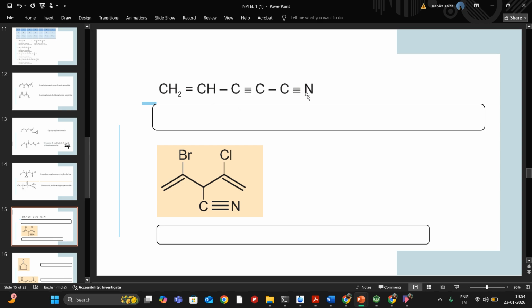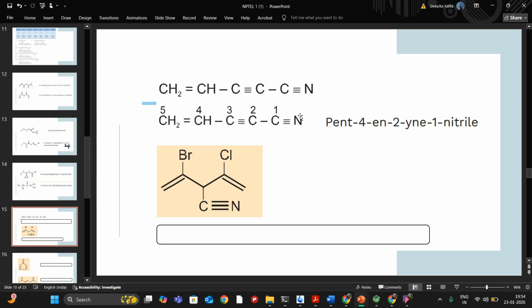So out of these 3 functionalities, we will assign the nitrile the highest priority. Hence, if we start from the carbon atom of the nitrile, the parent carbon chain will have 5 carbons. Okay, 1, 2, 3, 4, 5.